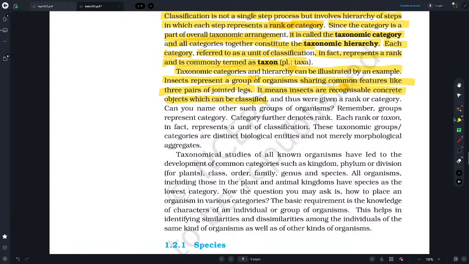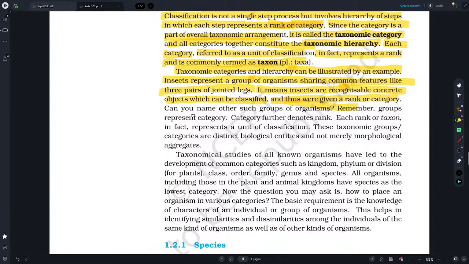This common feature in the insects makes insects living organisms which we can classify because they share similar characteristics, and thus we give them a rank or category. In this example, we take the characteristic that all the organisms which have 3 pairs of jointed legs come under the group of insects.